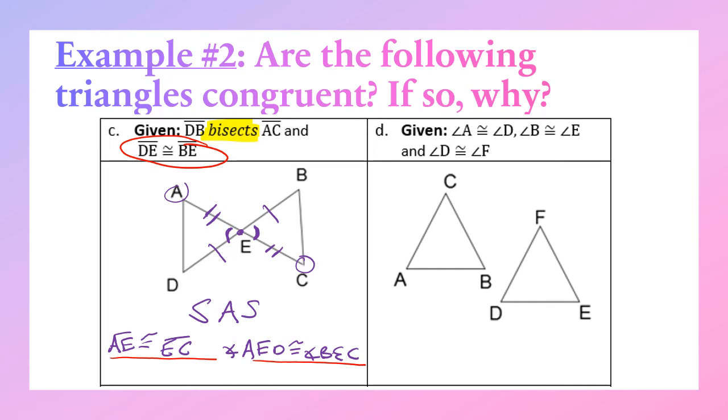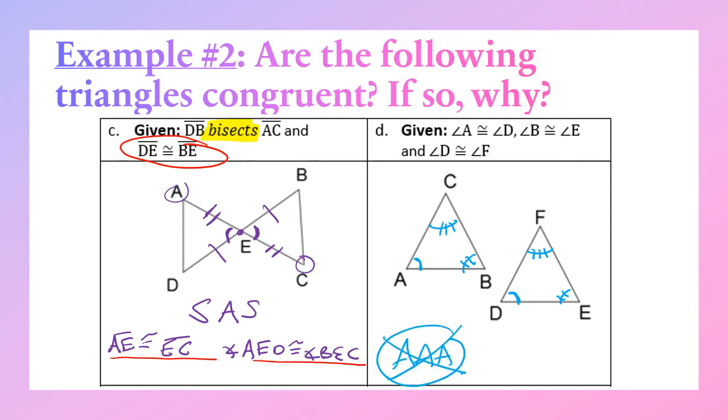All right, so moving on to example D. Looks like we've got a lot of angles going on here, so let's see what they're telling us. They're telling us that angle A is congruent to angle D. They're also telling us that angle B is congruent to angle E, which naturally means that angle C is congruent to angle F. If you write that down, you see the AAA battery.